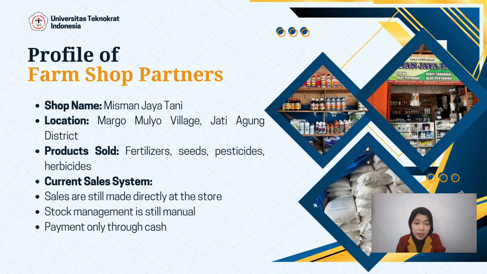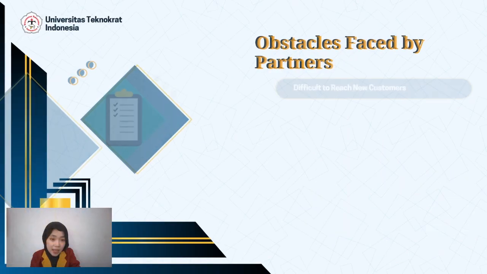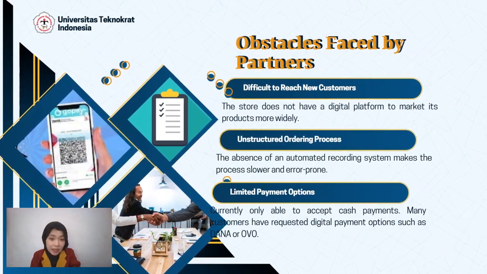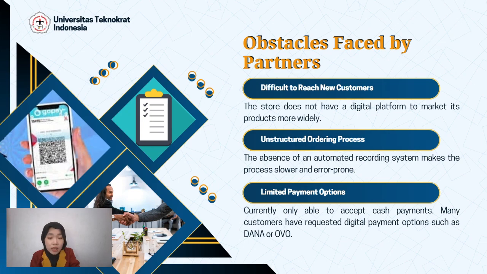Alright, next is obstacles faced by partners. Here we have 3 points. First is difficulty reaching new customers. The store doesn't have a digital platform to market its products more widely. The second point is an unstructured ordering process.